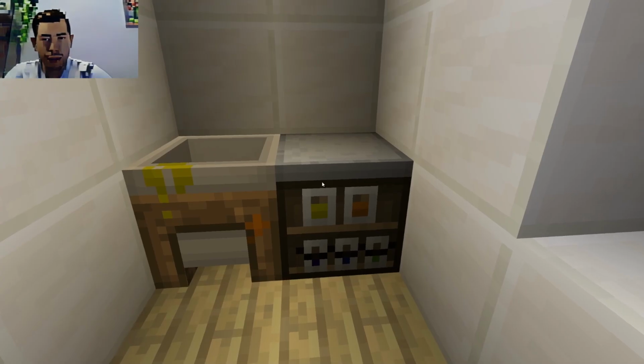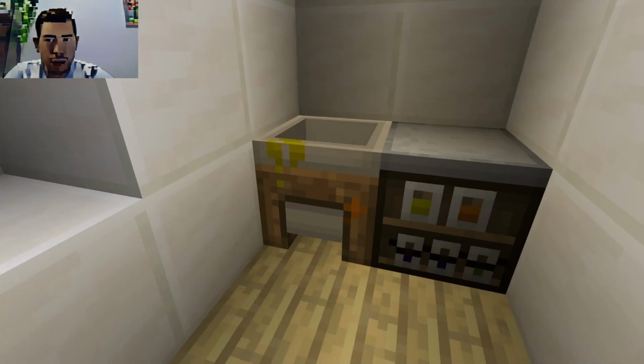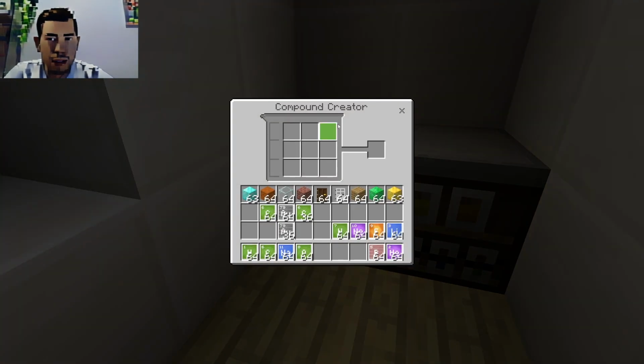I believe it is this one. No, it is not this one. This compound creator. We need to put 2 hydrogen and 1 oxygen. We will get water. Yes, we'll get water.